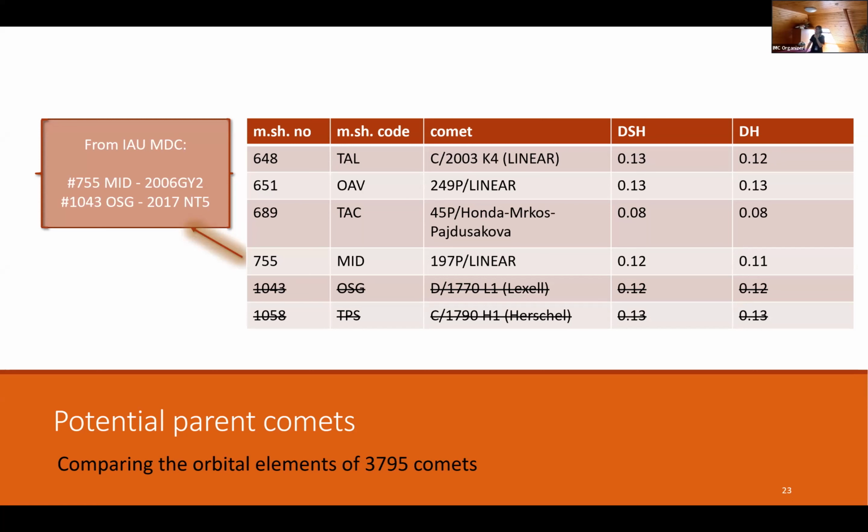Some of them confirmed those already in the MDC catalog. Some of them weren't there, some actually had different parent bodies identified, and some couldn't be a viable solution, so those need to be investigated further.